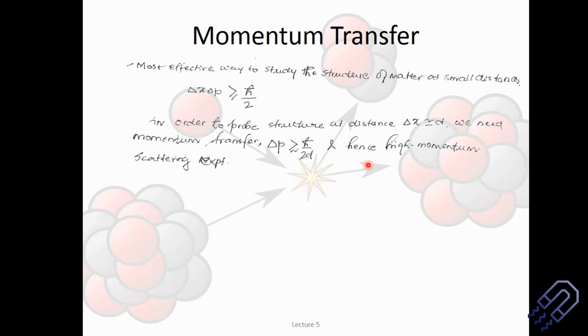So what do you exactly mean by high momentum scattering experiment? Okay, so if we consider scattering, I have it in my next slide, but still I'd like to explain this here. If you want to have scattering, it might be a low energy scattering or a high energy scattering. Depending on whether it's a low energy scattering or high energy scattering, your approach to solve the problem, that means to find out the unknown variable, differs.